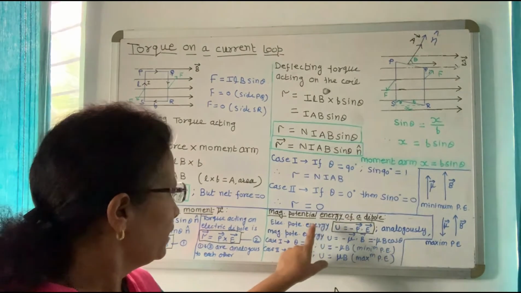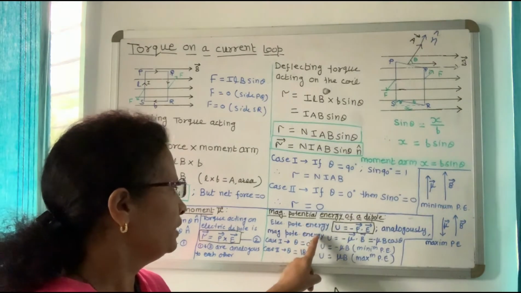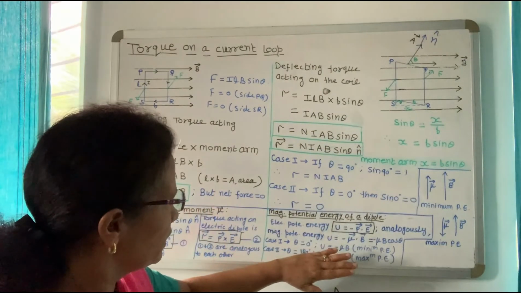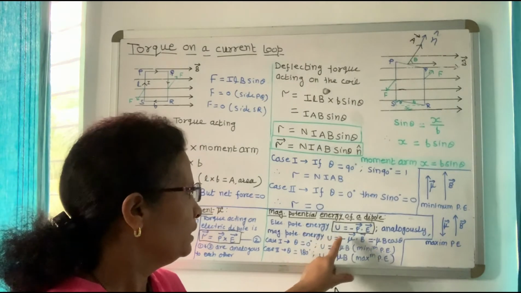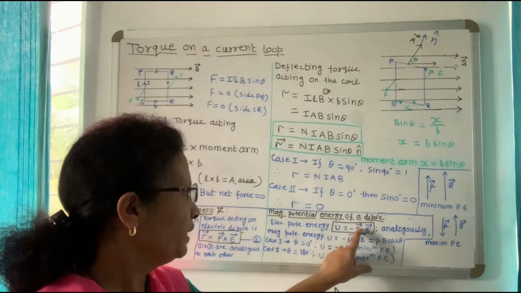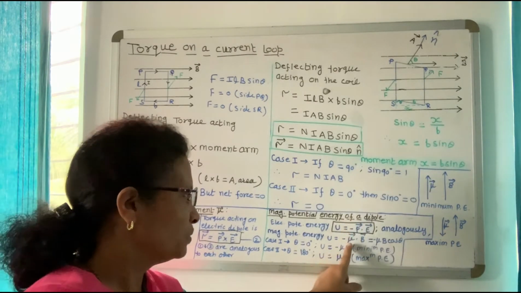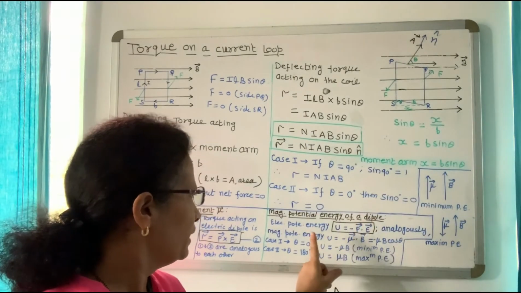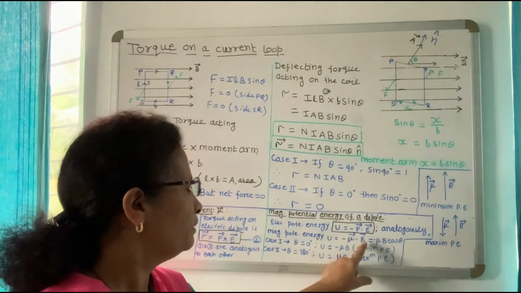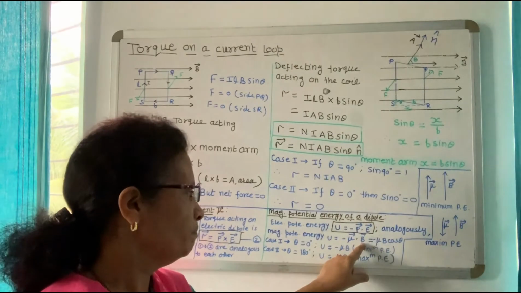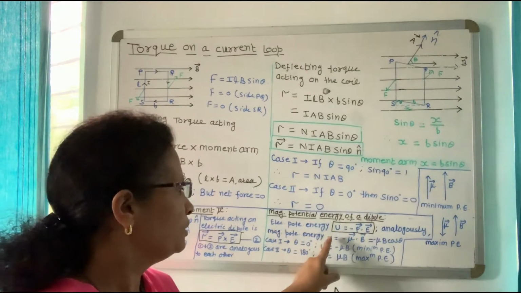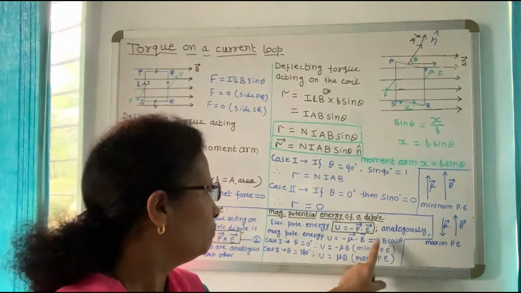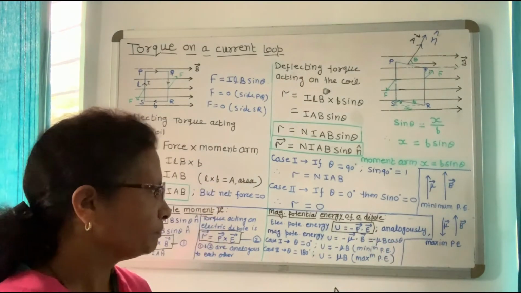Now we can write the equation for the magnetic potential energy. These two are analogous quantities. So with reference to this, for the magnetic potential energy, U equals minus, the minus sign is there, p is replaced by the magnetic dipole moment mu bar, dot the field, which in magnetism is B. So the magnetic potential energy U equals minus mu bar dot B bar, which is minus mu B cos theta.